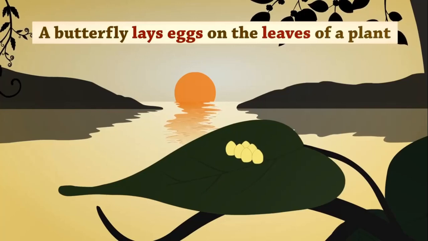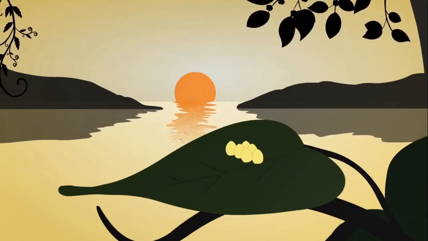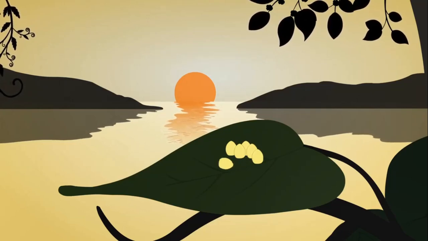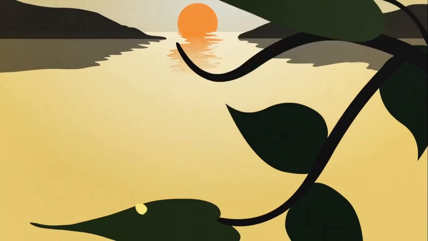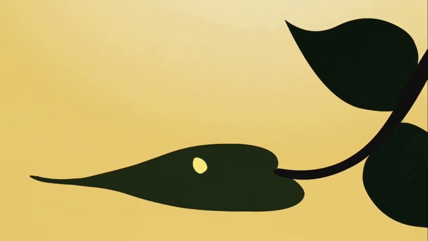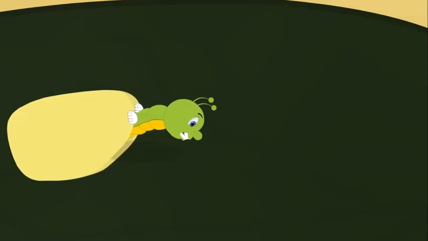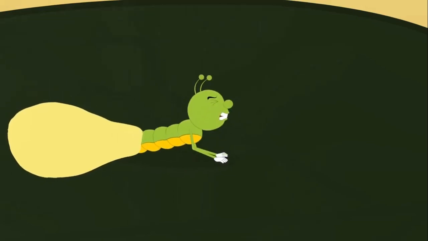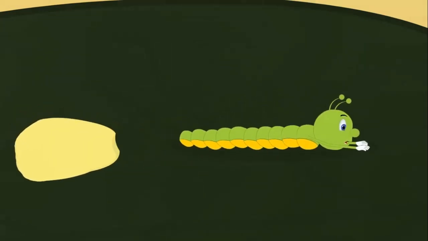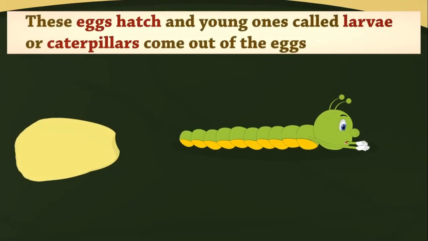A butterfly lays eggs on the leaves of a plant. These eggs hatch, and young ones called larvae, or caterpillars, come out of the eggs.